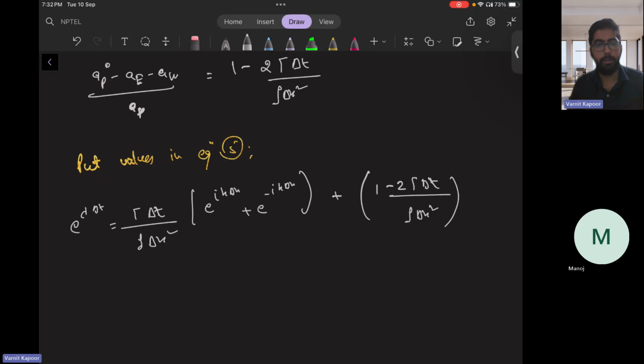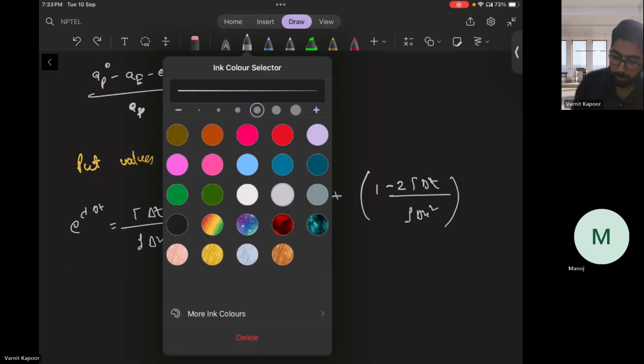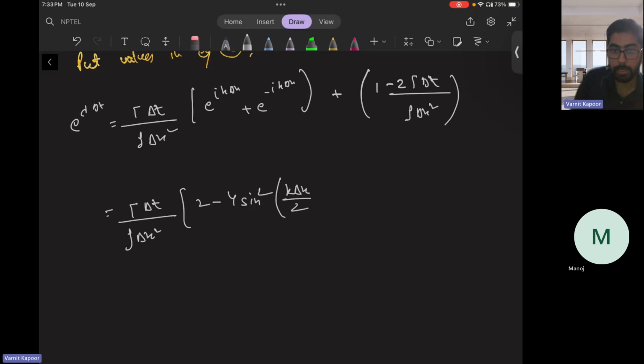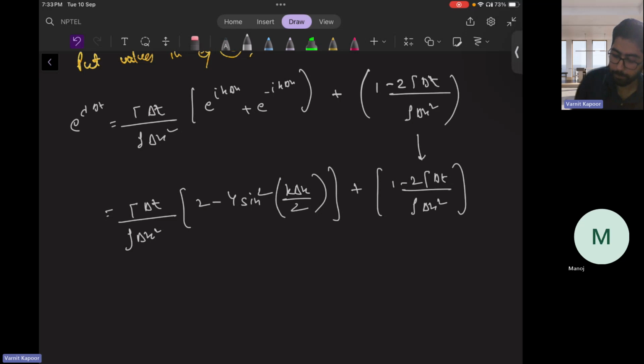All right, so expand these terms. e to the power of i k delta x plus e to the power of minus i k delta x can be written as 2 cos k delta x, which can be written as 2 into (1 minus 2 sine square k delta x by 2). If you open up the bracket, you will get the expansion. Let me write it all together: gamma delta t over rho delta x square times (2 minus 4 sine square k delta x by 2) plus your other term, 1 minus 2 gamma delta t over rho delta x square.